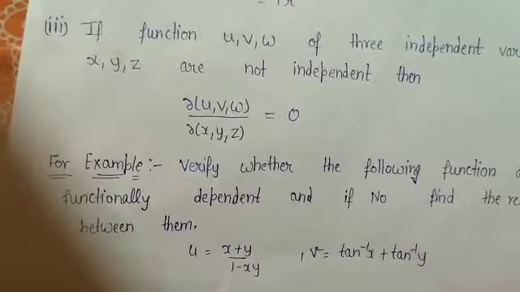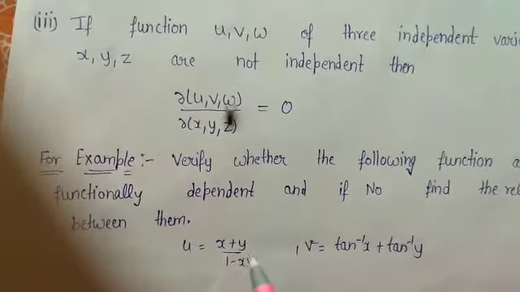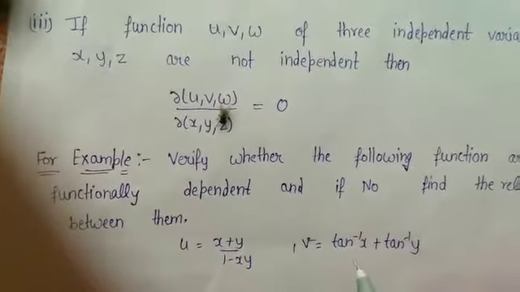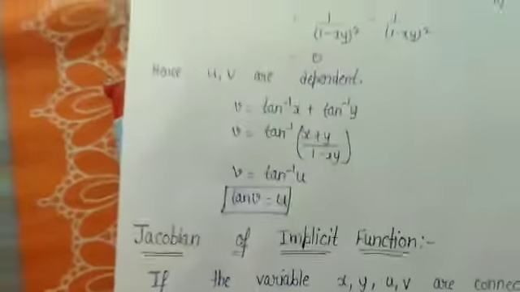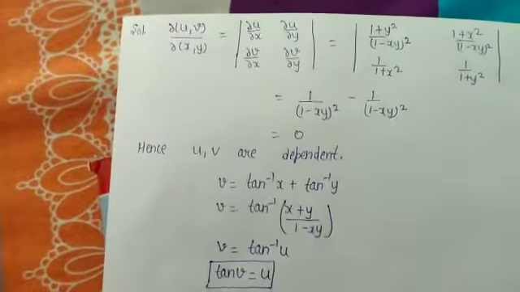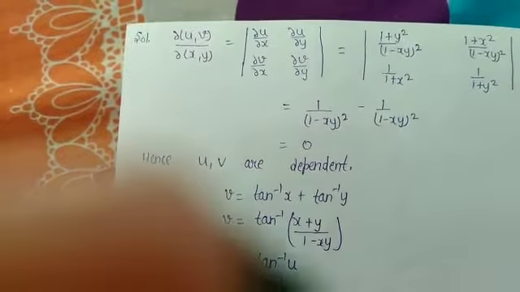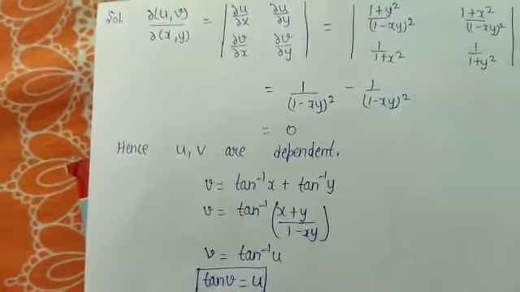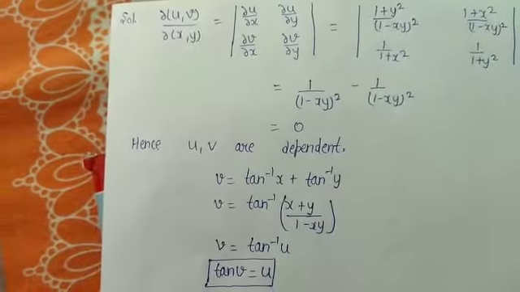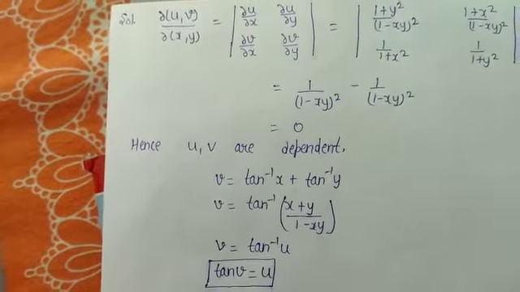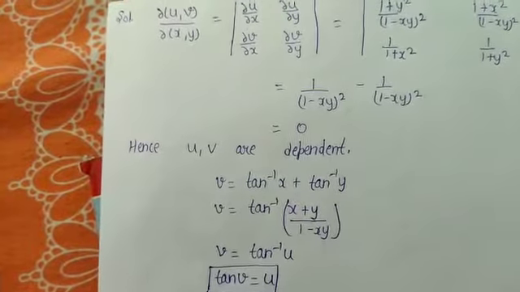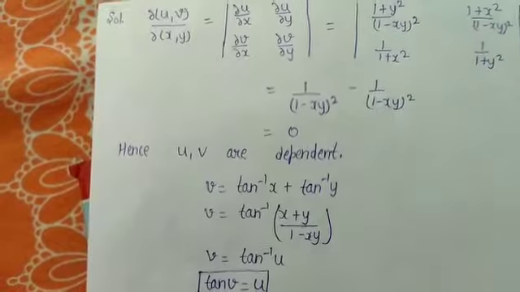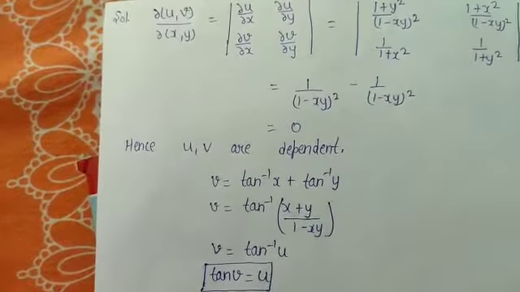We have given u is equal to x plus y by 1 minus xy, and v is equal to tan inverse x plus tan inverse y. We have to find whether u and v are functionally dependent, and if they are, then find the relation between them. So to check whether u and v are independent or dependent, we check whether the Jacobian of u, v with respect to x, y is 0 or not equal to 0.